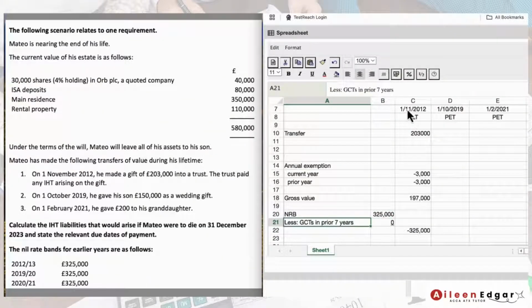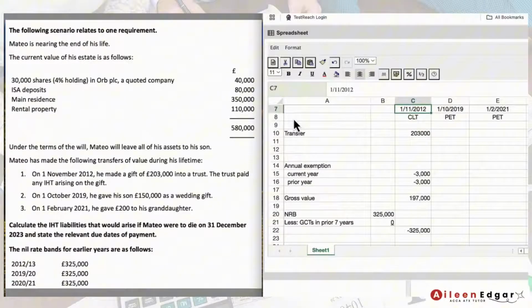So where we have got the 1st of November 2012, when this transfer into the trust happened, we're going to go back 7 years before that date. So we're going back to the 1st of November 2005, and we would look in that 7-year window and we would see if there was any other transfers made during that period. Now there weren't.